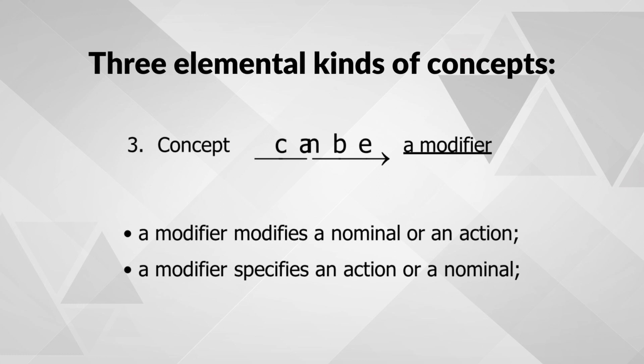In this way, modifiers contribute to the precision and depth of the conceptual representation by providing contextual information or characteristics related to nominals and actions. By capturing the relationships between modifiers, nominals and actions, Schank's theory offers a complete means of structuring and understanding the complexity of language and its underlying meaning.